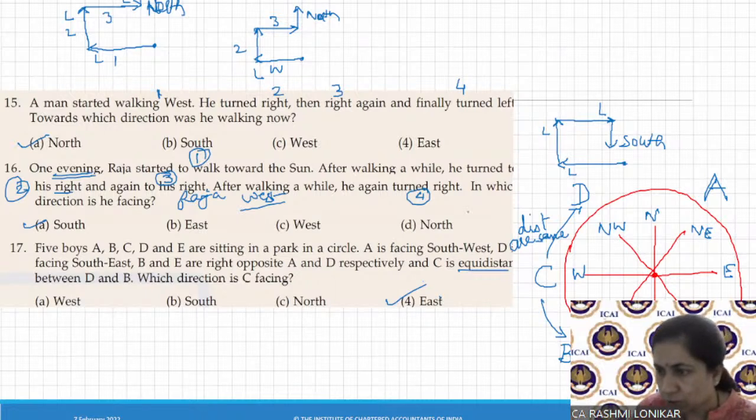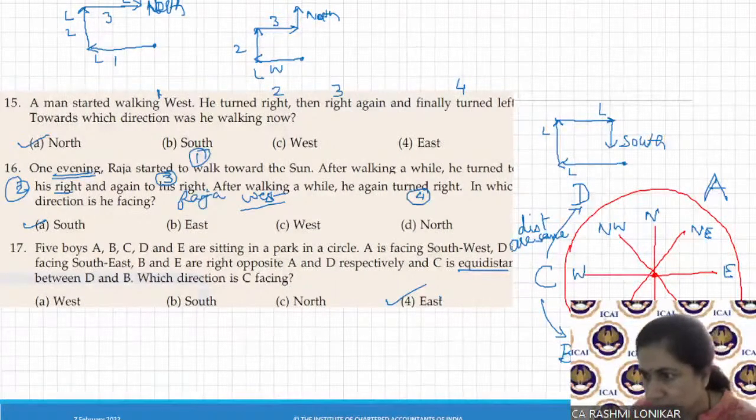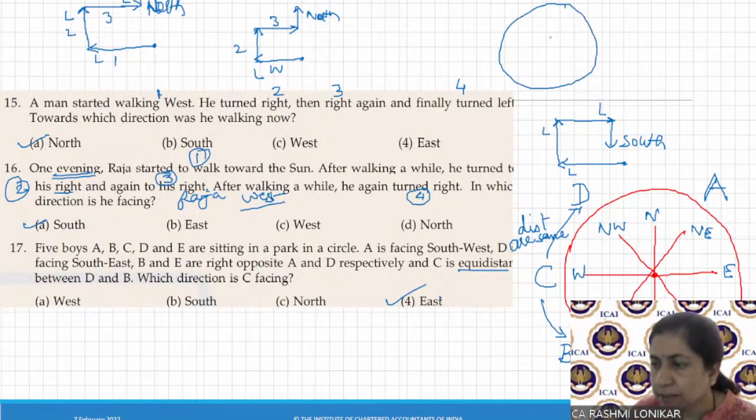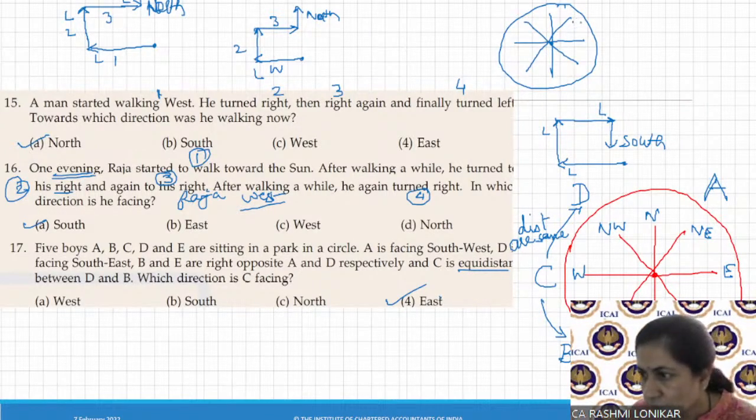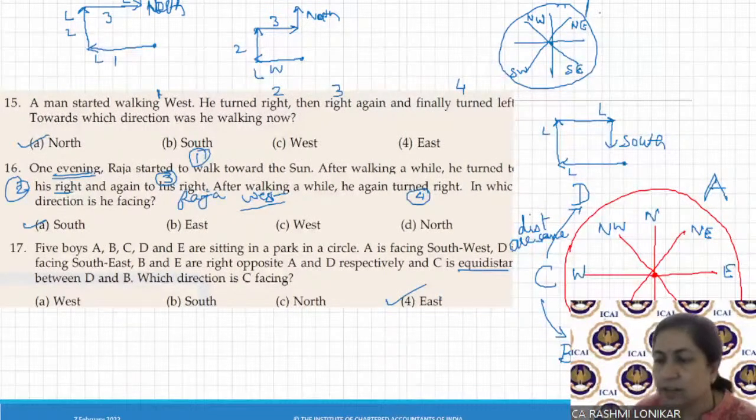If you are not able to see this drawing, just let me show it over here. This is the circle, and then these are the directions. Okay. This is northeast, northwest, southwest, and southeast. A is facing southwest, so A is sitting over here.